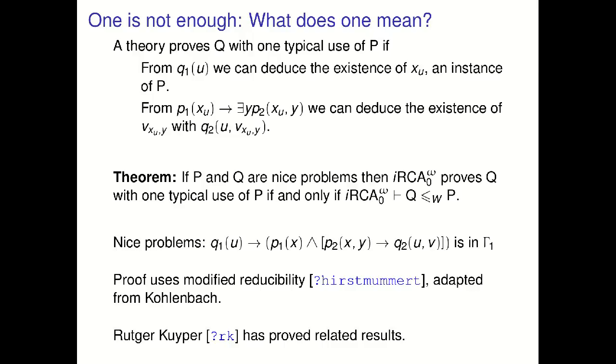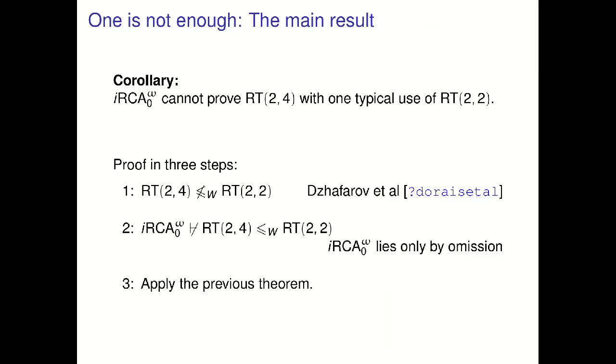The advantage of his work is that, rather than using the modified reducibility argument, he just invented his own functional interpretation to carry out the work. As a result, it isn't using modified reducibility, so his work applies to a broader class of problems. He doesn't have to have things in Gamma 1. I think that's really interesting, and you can look for his work on the arXiv. I don't think it's published yet.